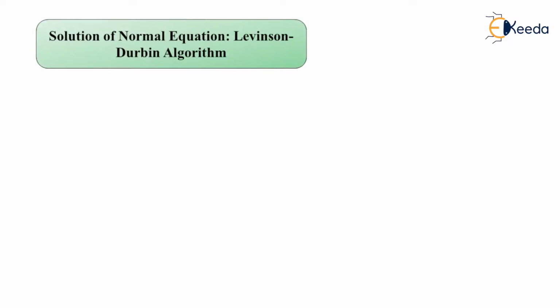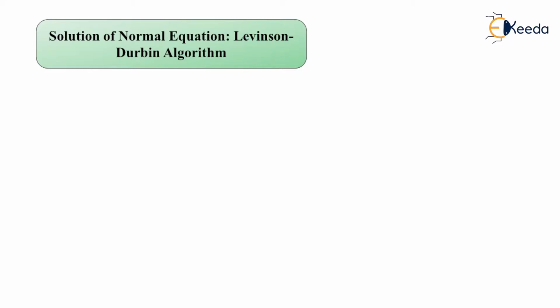So here we can start with the topic titled Solution of Normal Equation, Levinson-Durbin Algorithm. As in the previous video where we addressed the relationship of an AR process to linear prediction, we have seen that the minimization of the mean square error, represented by MSE, or the forward prediction error, has resulted in a set of linear equations for the coefficients of the predictor.